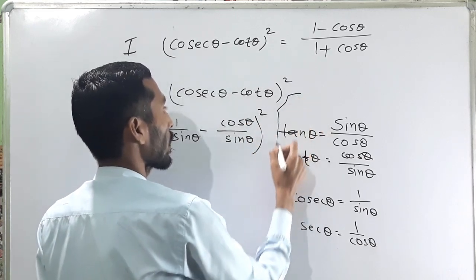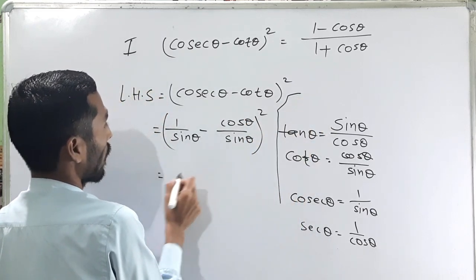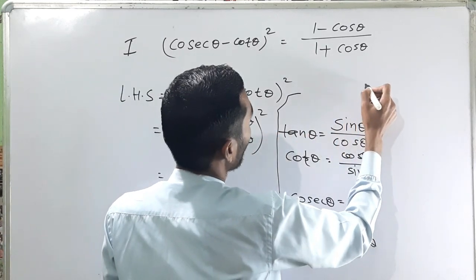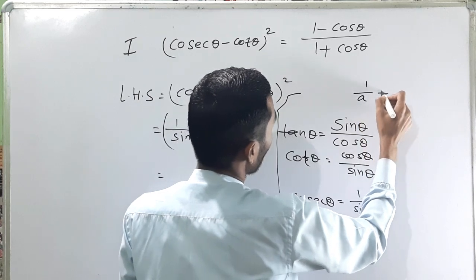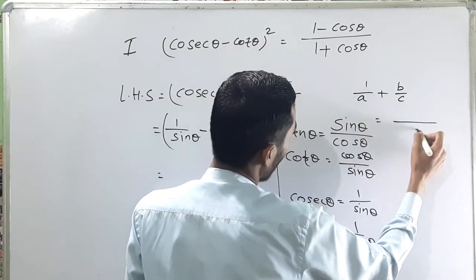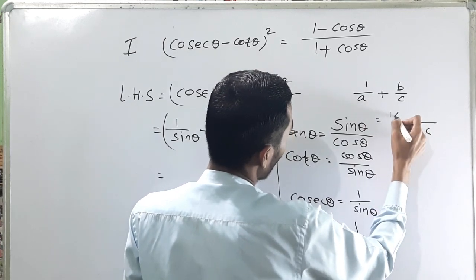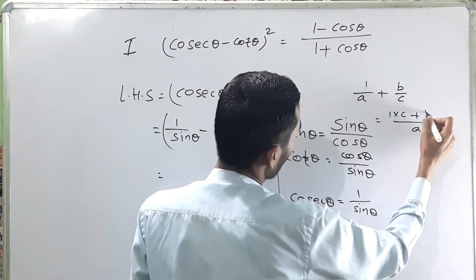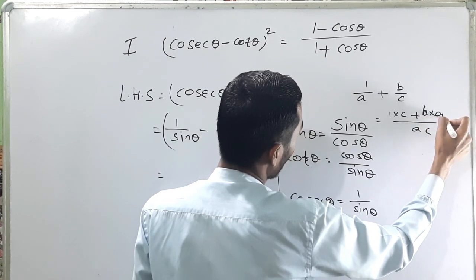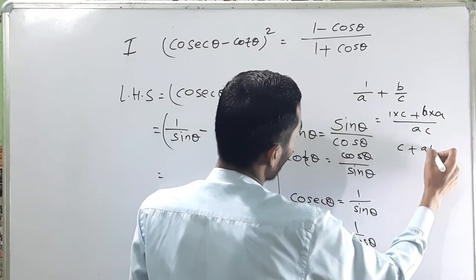We can solve it like 1 by a plus b by c: what will we write? 1 into c plus b into a, that is c plus ab by ac.